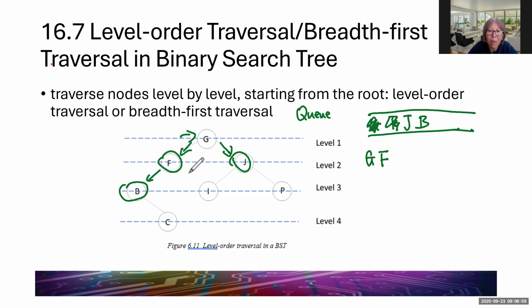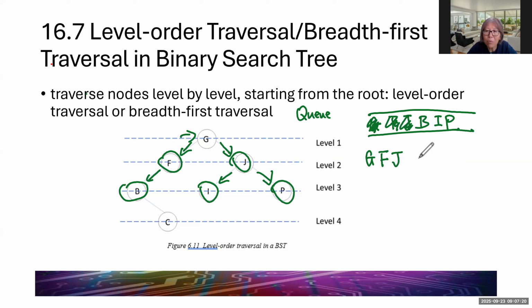And then we come to node J. Node J is output, but we need to add its two child nodes into the queue.